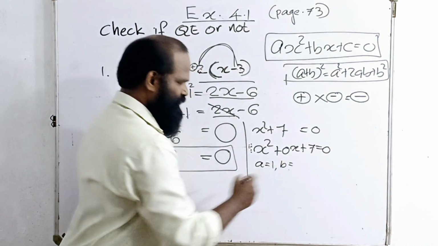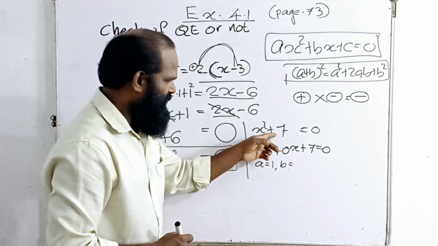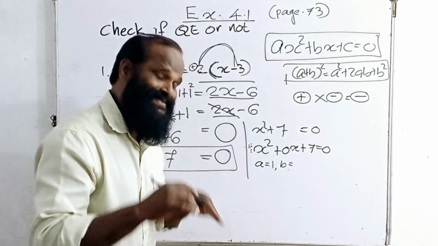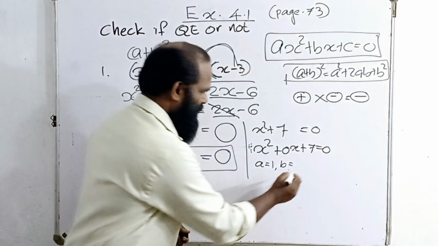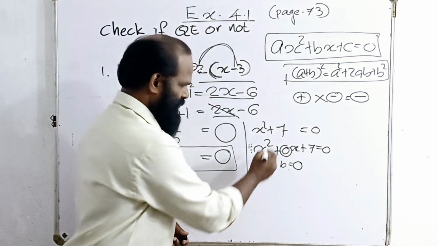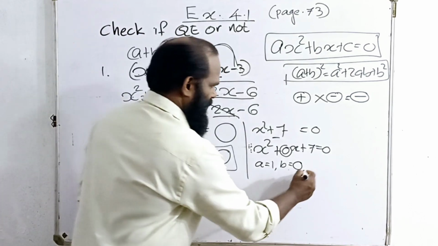What is b? B means coefficient of x. There is no term x here, that means coefficient of x is 0, therefore b is 0. And now c is equal to 7.